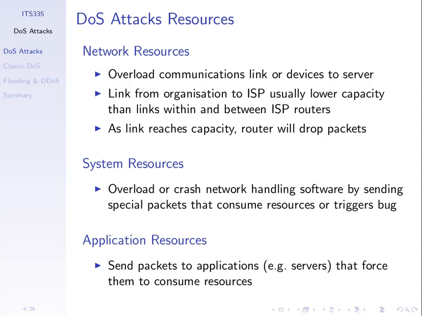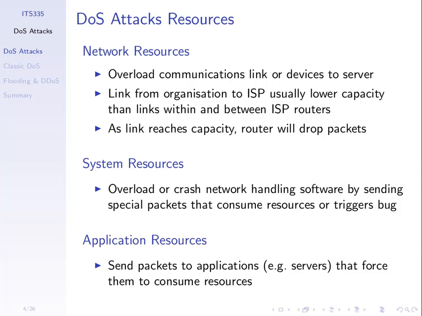So a DoS attack attacks resources. So sometimes we can classify it based upon what types of resources they attack. What do they try to exhaust? It could be network resources. So if we're not looking at just a single computer but a network, then an attacker can try to overload our network. That may mean we have a link, maybe a link that comes into our server, web server or some other server that we want others to access.